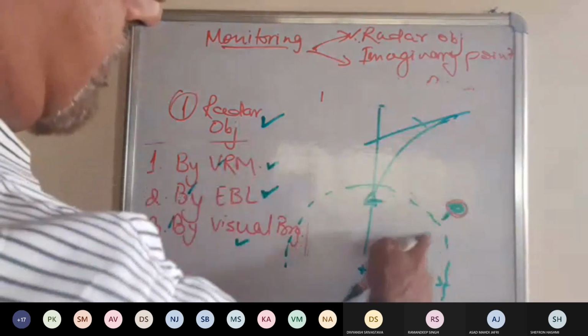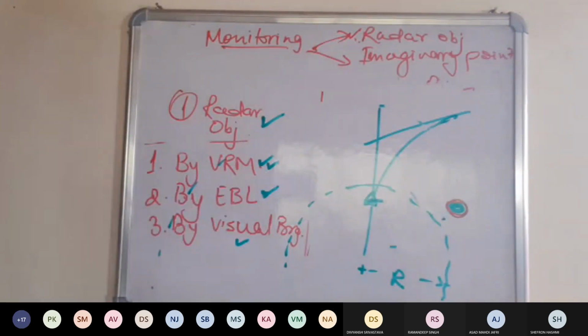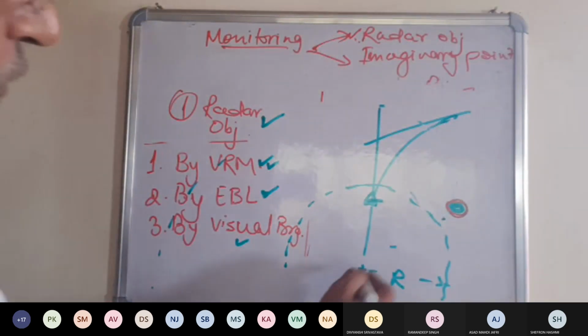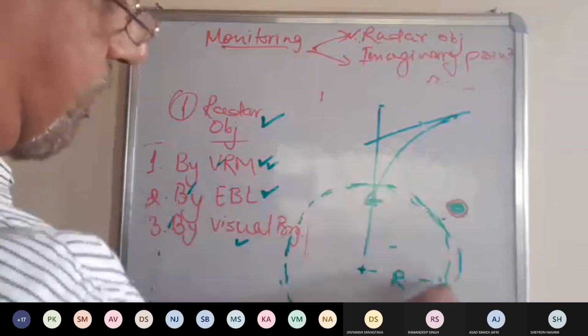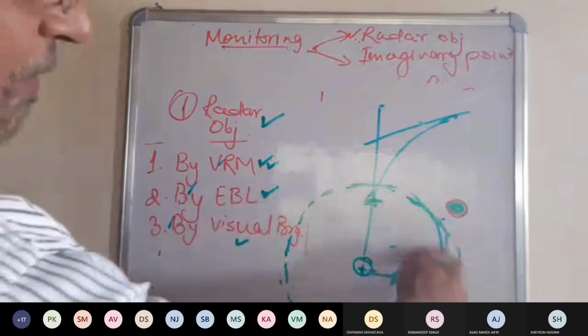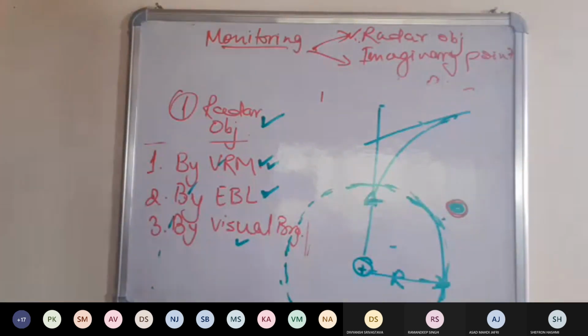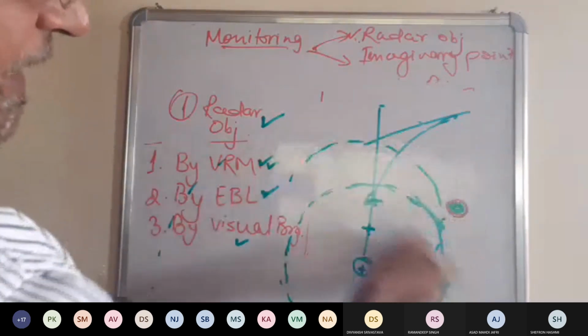Now what I said, first method, monitoring the turn by VRM, what we do, we make the VRM like this with a radius of r. तो हमारी जहाज का पोजीशन यहाँ पे है, हम यहाँ से अप्रोच कर रहे हैं, रडार में देख रहे हैं, VRM ऐसा बना हुआ है. जब हम यहाँ पे पहुंचेंगे तो हमारे साथ में VRM भी ऐसे पहुंचेगा या नहीं?